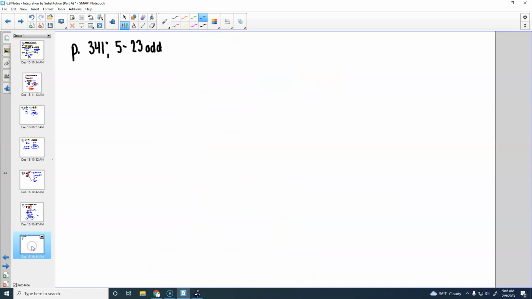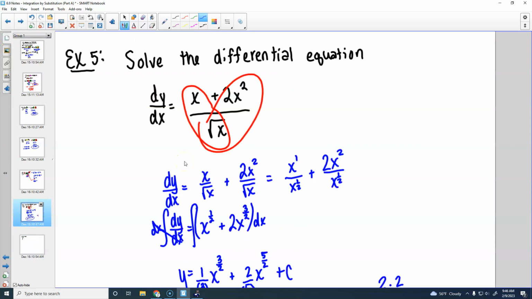I'm going to flash right back to this to see. Let me look. 5 through 23 seems kind of a lot. Let's see. What page was it? 341. All right, 341. It's really not that bad.